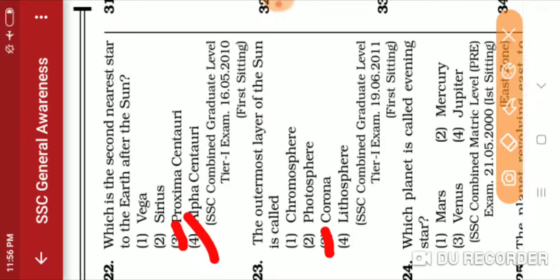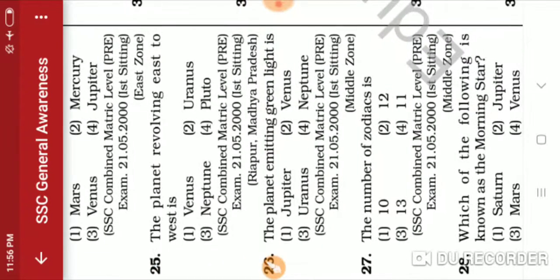Which planet is called the evening star? You know, Venus is called evening star, morning star, everything. Next question: the planet revolving east to west.